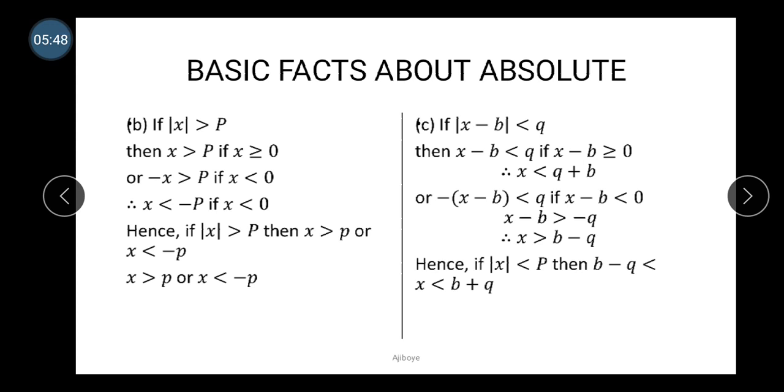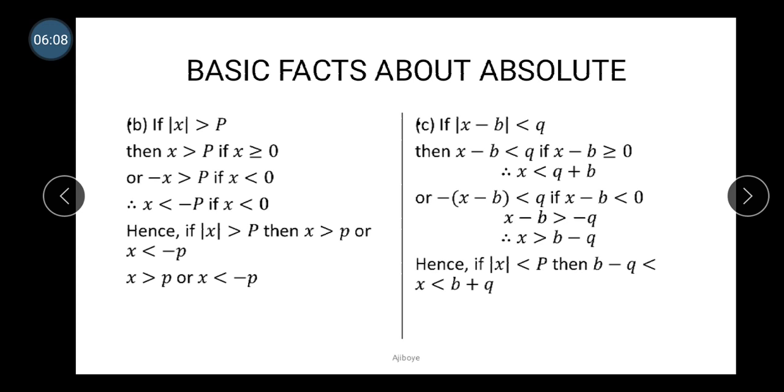If the absolute value of x minus b is less than q, then x minus b is less than q if x minus b is greater than 0. Therefore, x is less than q plus b when you take the minus b to the other side.